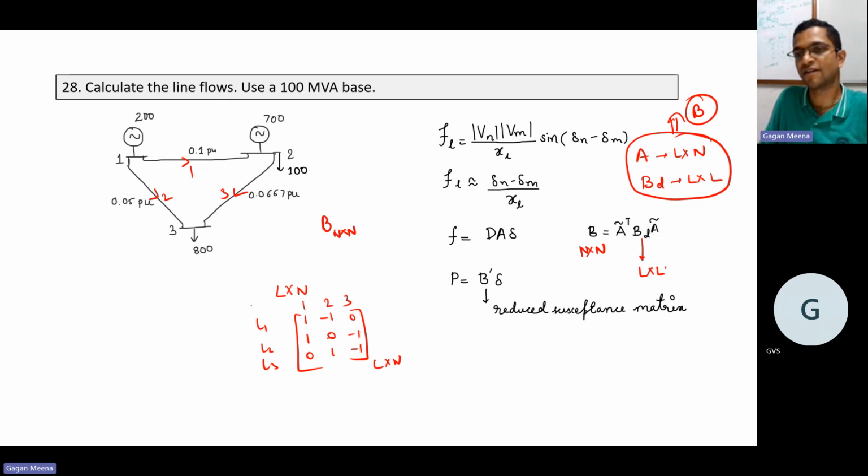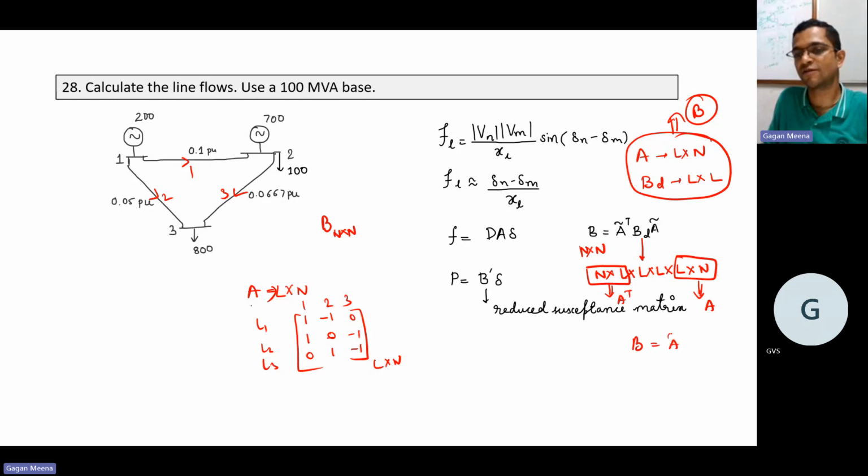For that, we need to multiply this by L cross N here and N cross L here. The dimension of A is L cross N, so this becomes A and this becomes A transpose.